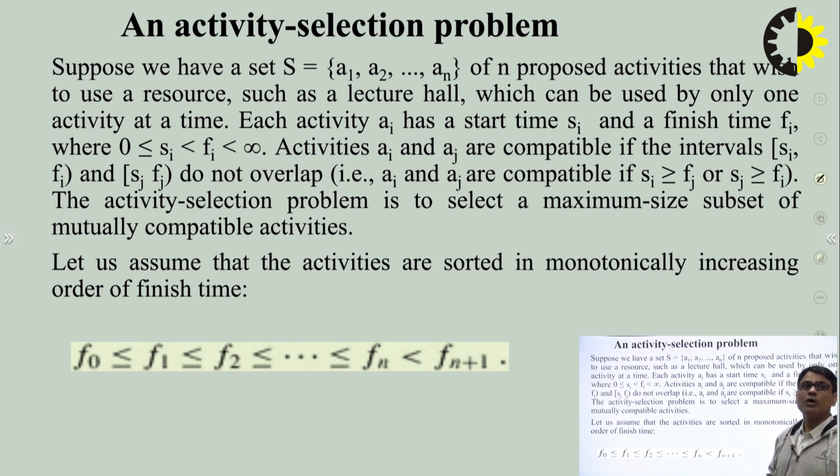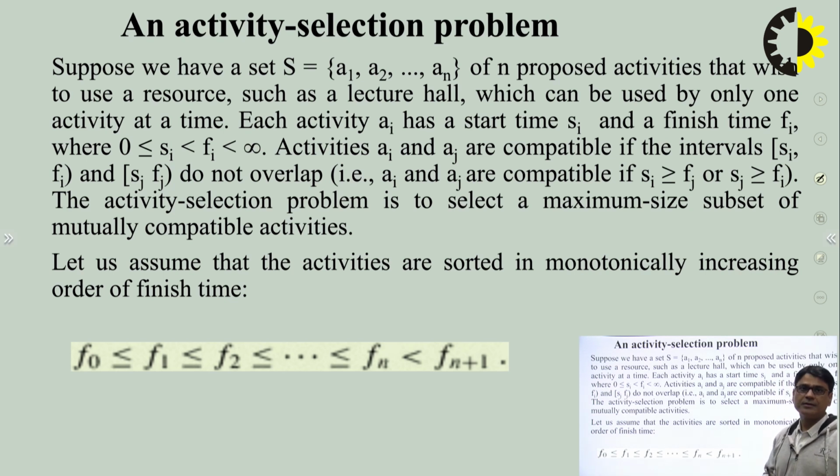The objective of this problem is to find a schedule through which we can maximally utilize that particular lecture hall. For that, what is needed? How can we generate the optimal substructure of the problem? You know that every activity is time bound.